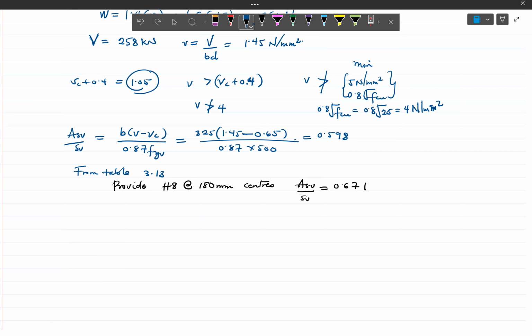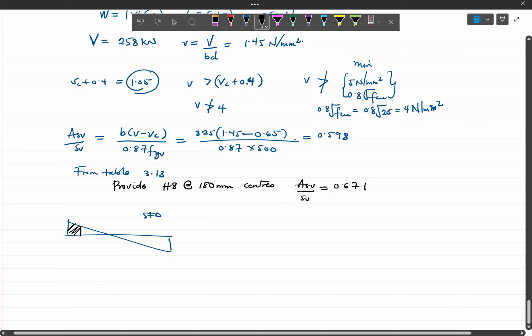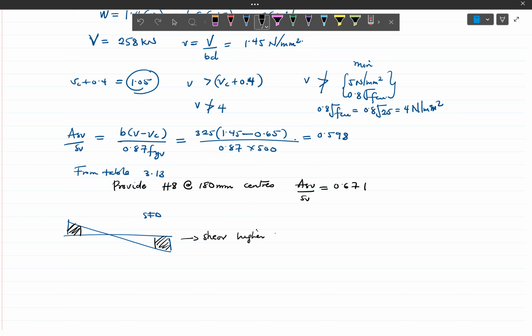Because if you take a critical look at the shear force diagram, you'll realize that the shear is higher towards the ends, higher towards the supports. But when you go towards the mid span, the shear is lower.